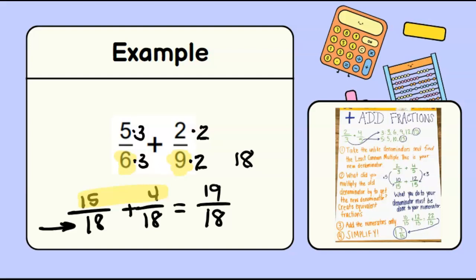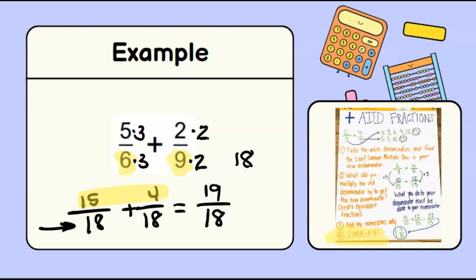Now, once I add, I'm not done yet. My last step is going to be to simplify. So in order to do that, I need to look and say, okay, is my numerator larger than my denominator? If the answer is yes, I need to create a whole number or a mixed number, with a whole integer, okay?